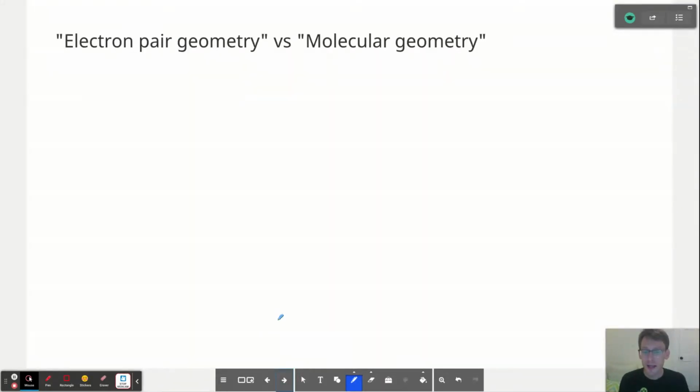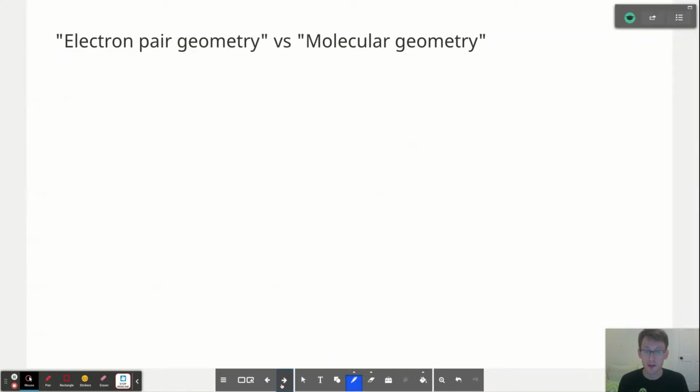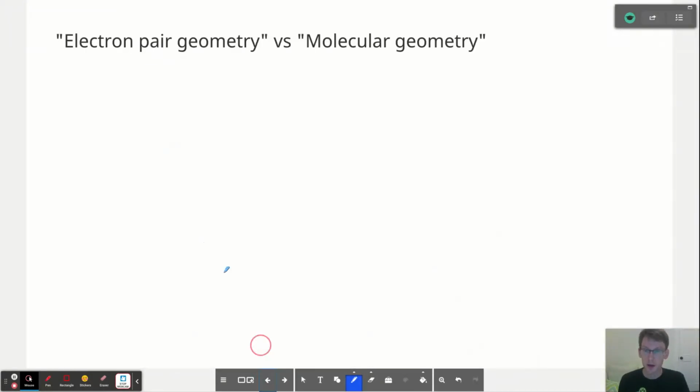Now, if we are trying to name the electron pair geometry or the molecular geometry, we need to first draw out the Lewis structure and understand the number of electron domains. And then we need to consult a chart that we have here. Now, I'll make this nice and simple.